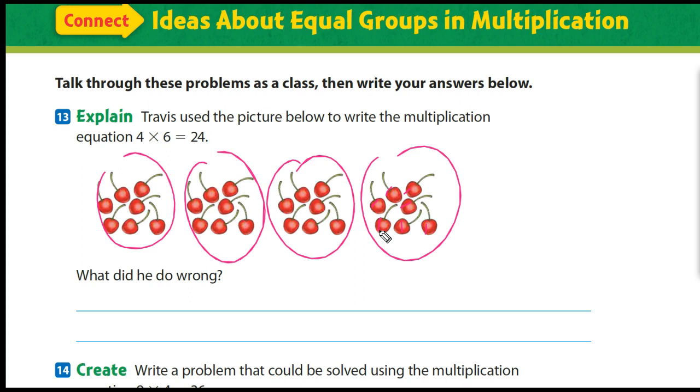Well, first of all, if he was going to keep the 7 cherries out, he needed to change this to 7, right? But his equation wasn't that. His equation was 4 times 6. What would he need to do to his equal parts to make this true? Natalia?